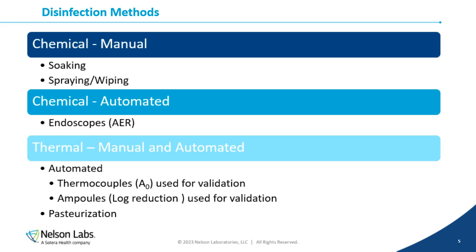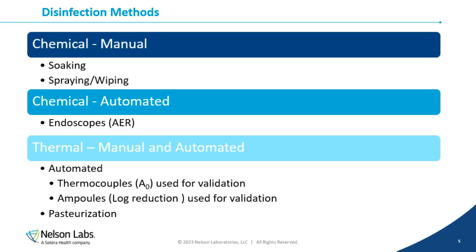And that's kind of reserved more for those devices that are used at home. So again, some of those devices that may be single patient use, but are still reusable. Another example of that would be like a menstrual cup. They would go through pasteurization, thermal disinfection, or put into boiling water.